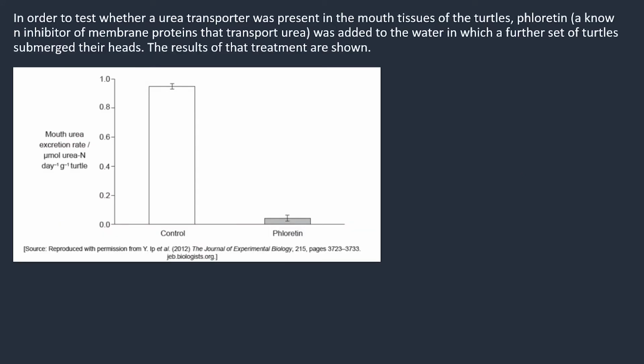Then they show you the effect of an inhibitor, fluoretin, on the amount of urea excreted from the mouth. And as you can see, compared to the control, there's a drastic decrease of the amount of urea excreted.